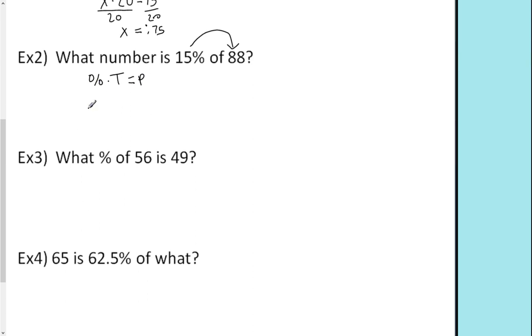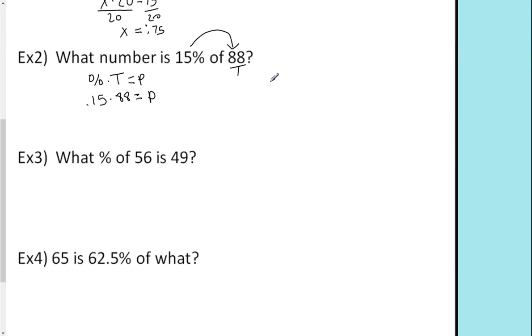What's the percentage? 0.15. Remember, you convert it to a decimal. Times, I took 15% of this, so the 88 must be the total, right? So that's 88 equals P, in this case, which is the part.